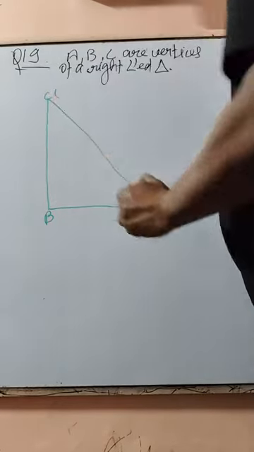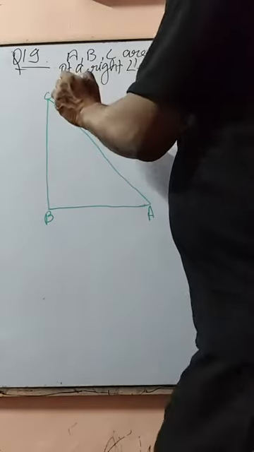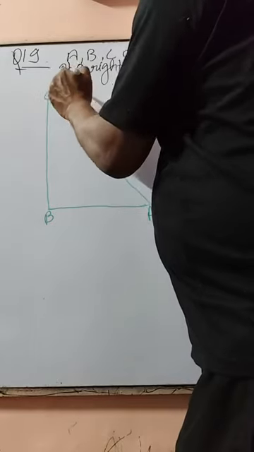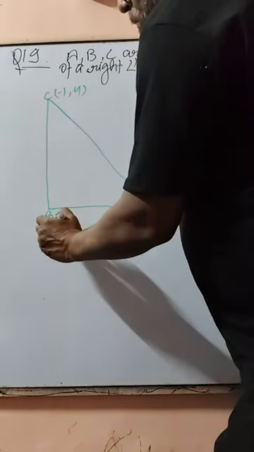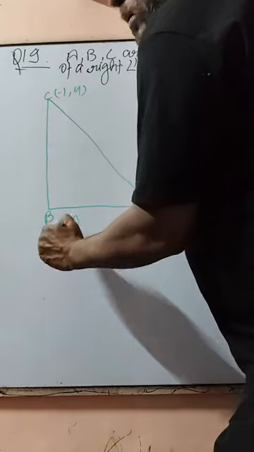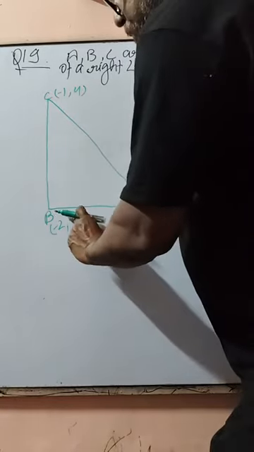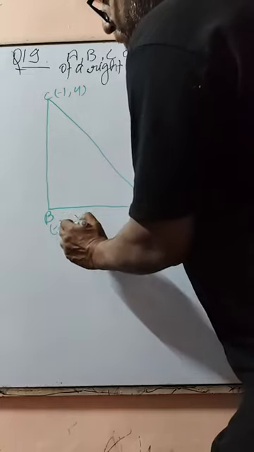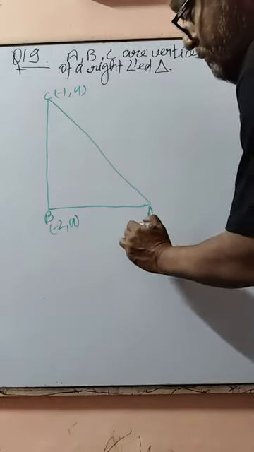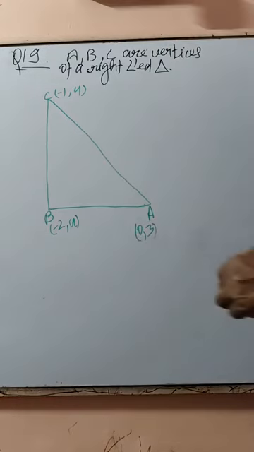What are the coordinates of vertex C? C is -1, 4. Okay. And B? -2, a. E small a is a. And A is 0, 3.